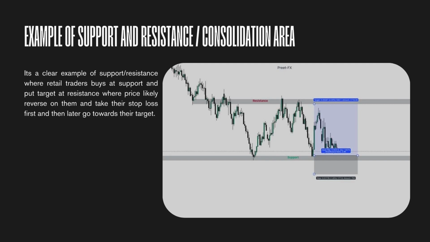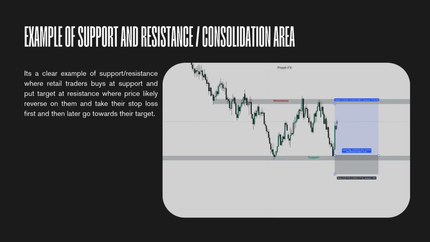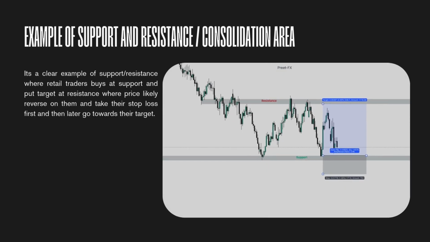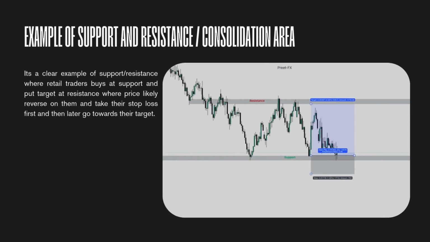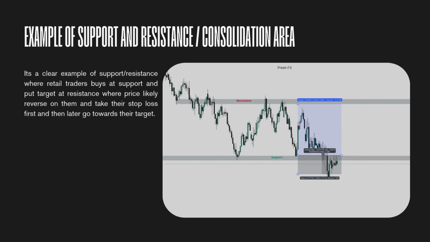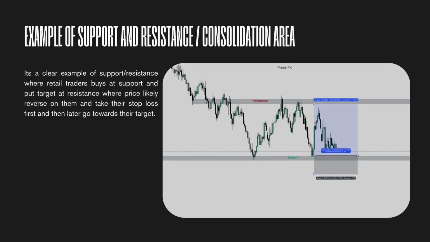Price reverses, breaks through the support, takes out the stops, and only then does it move in the intended direction. That's the market using your stop losses as liquidity. It's a common trap that many traders fall into, especially breakout traders who aren't aware of how liquidity pools form. By recognizing these traps, you can avoid placing stops at predictable levels and stop being part of the crowd that gets caught in these moves.